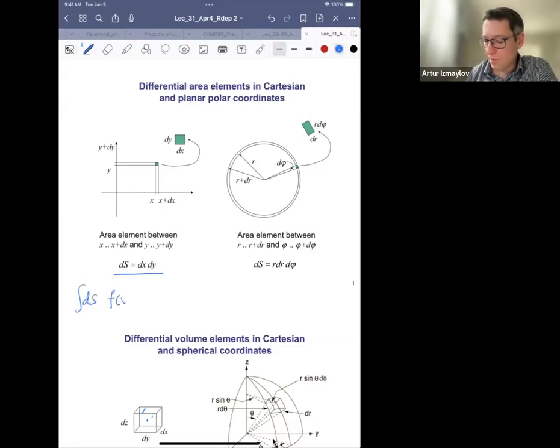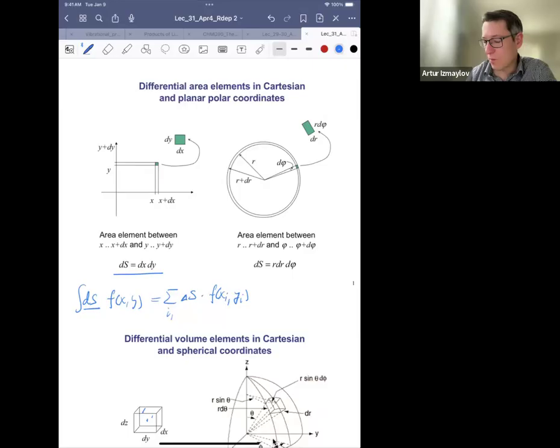It's some function of 2 dimensions, x and y, and the element of area, ds, which is dx dy.